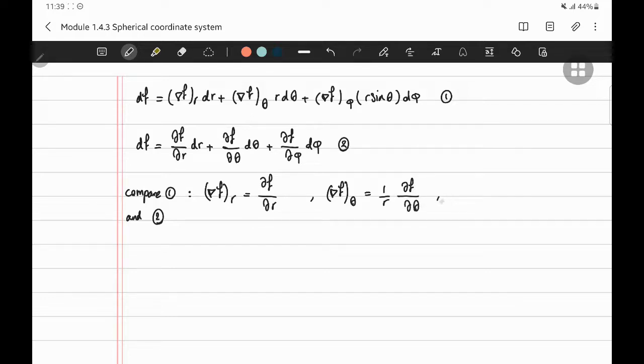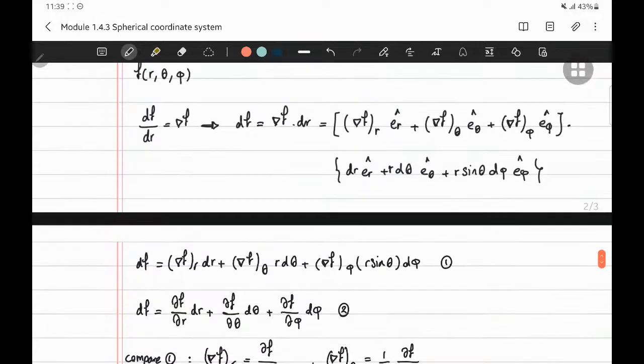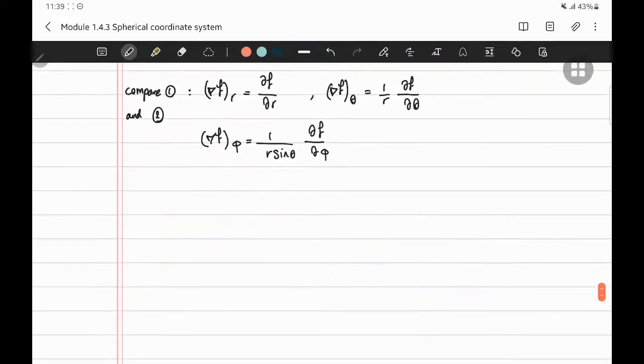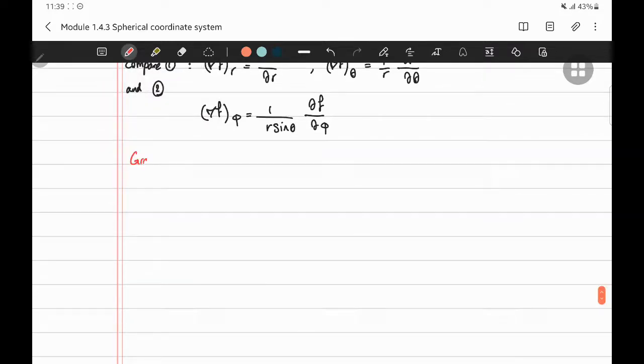And finally we have del f phi is 1 divided by r sine theta times the partial derivative of f with respect to phi. And that's it. The gradient of a scalar field is a vector in this form, and the components are given here.